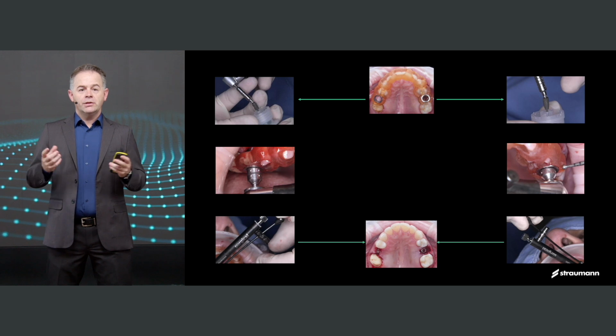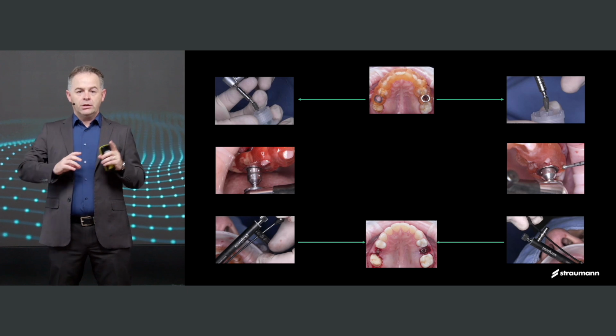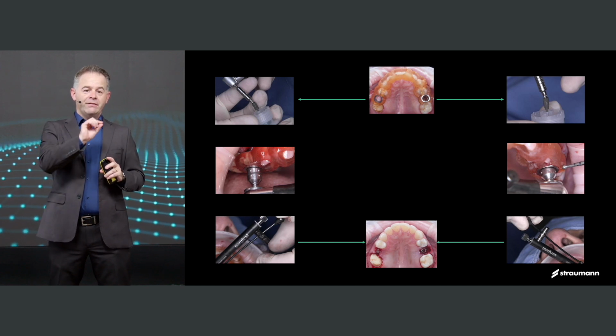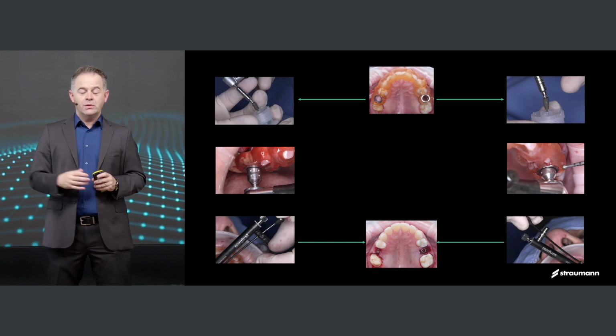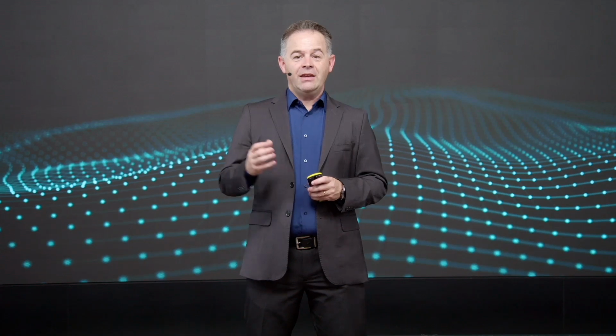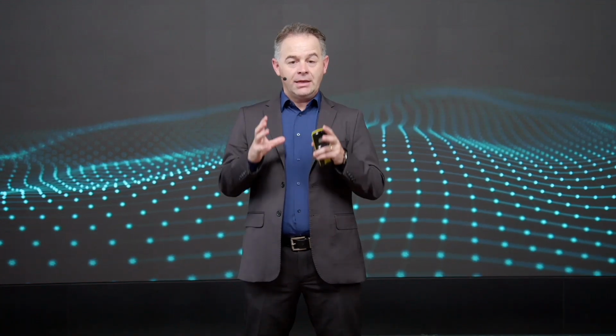I was able to insert the driver perfectly through the guide, and both implants were placed, at site 15 with 35 Newton centimeters, and at 25 with almost 50 Newton centimeters. So this gives us a lot of peace of mind that we can even temporize it if we want. So we're safe that primary stability is granted.